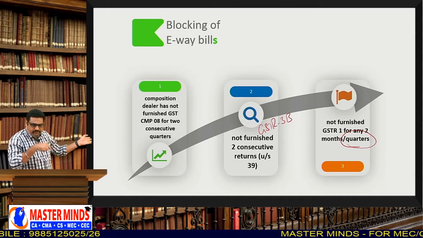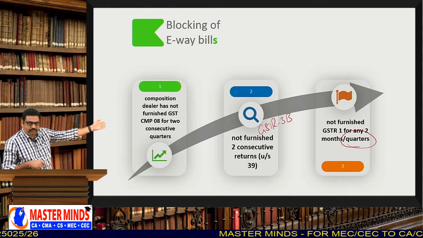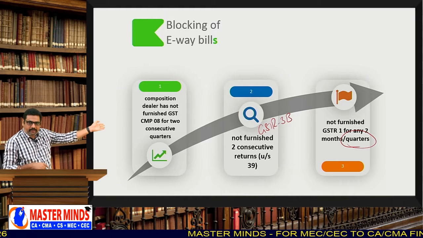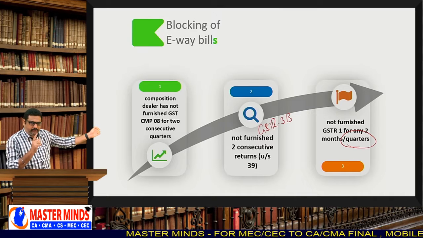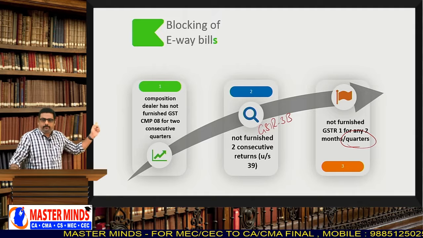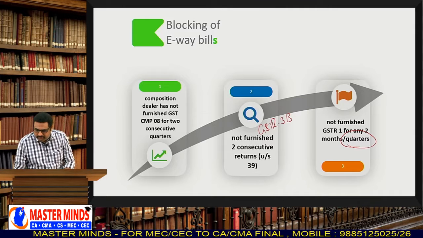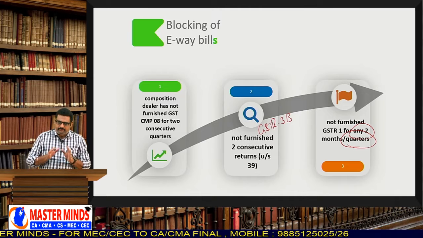Two continuous periods. But with respect to GSTR 1, I did not use the word continuous or consecutive. It is any 2 months, and they need not be continuous. Understood what I am saying?